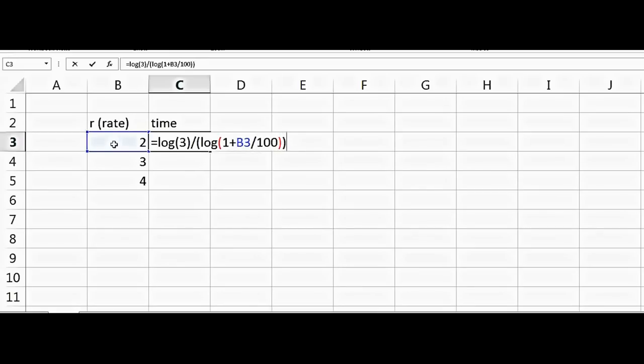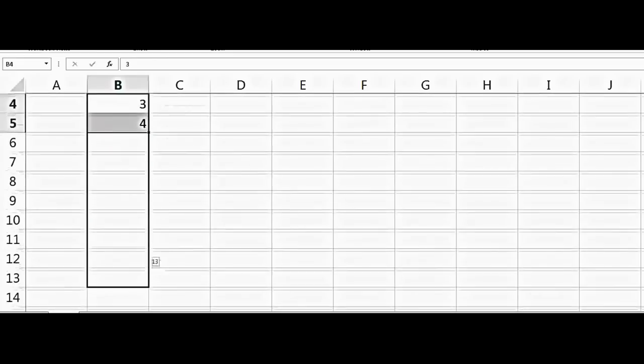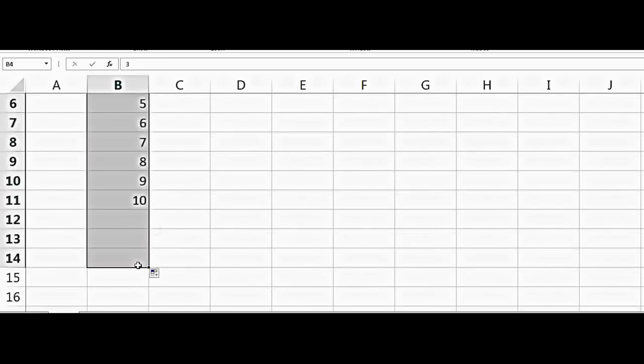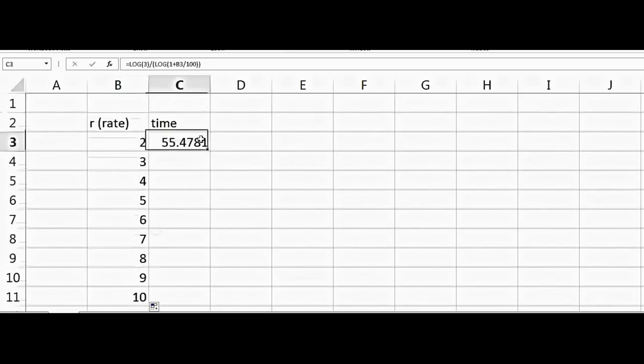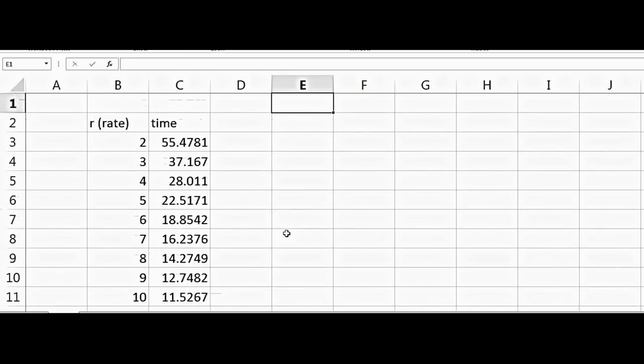So this should be our time. So now we can keep extending this rate to suppose 13%, and we can calculate the time for the investment to be 3 times for all these years. So that's how we get the time.